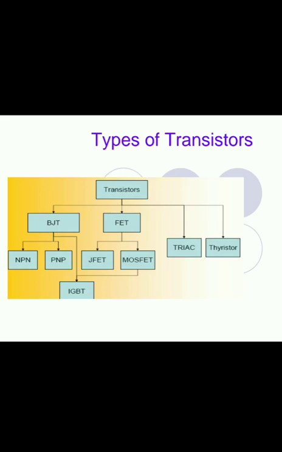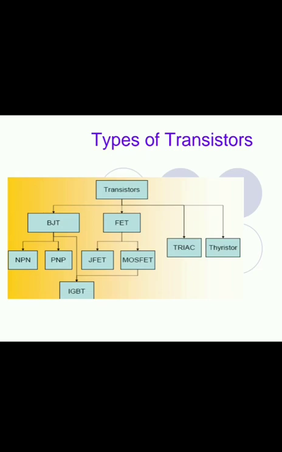After that, if you see another type of transistor, that is the FET, field effect transistor. Field effect transistor is again divided into two types. These are nothing but junction field effect transistor and metal oxide semiconductor field effect transistor.